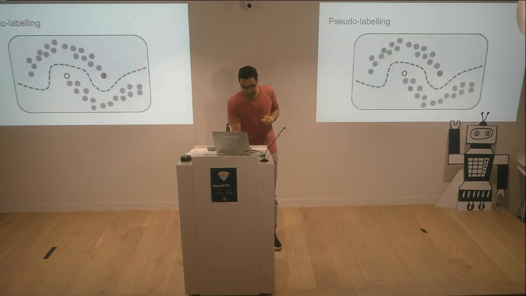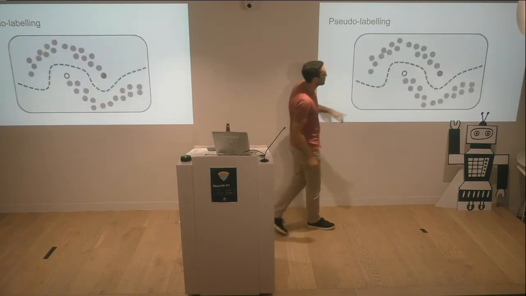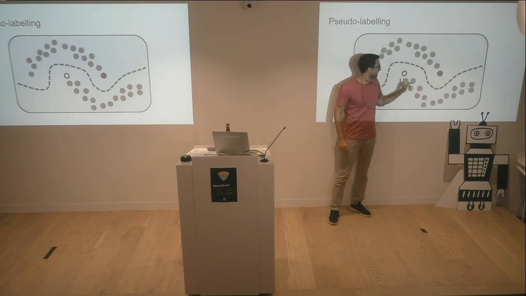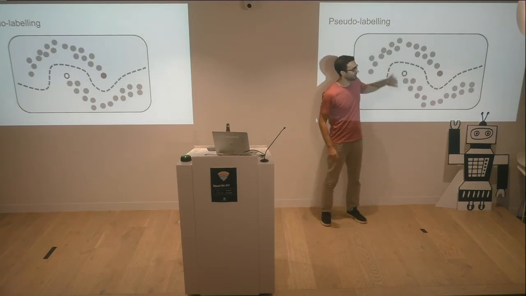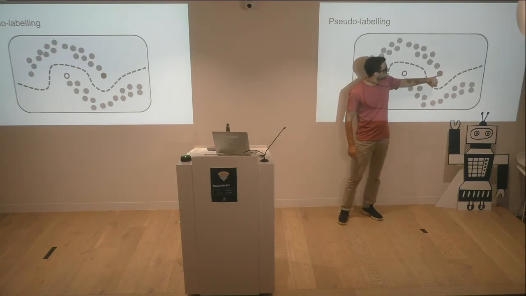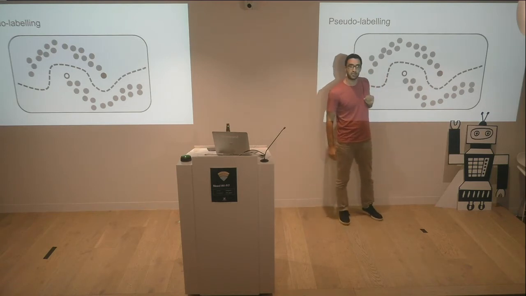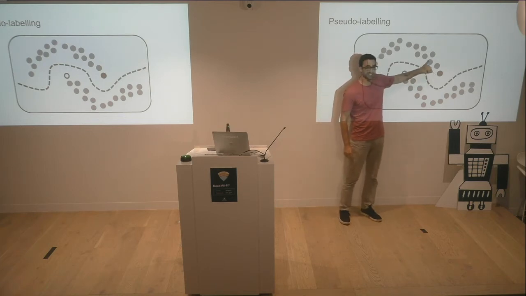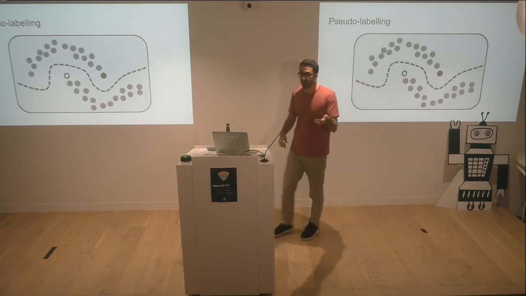So, an illustration. I start off with my labeled examples, one black, one white, and I've got all this unlabeled data. The hope is that if the model is trained using just these two data points, it will be confident enough about the data points in the vicinity of the labeled ones to label those correctly.